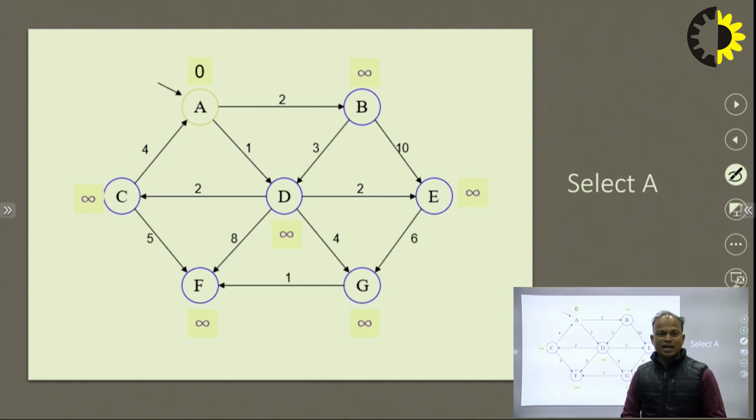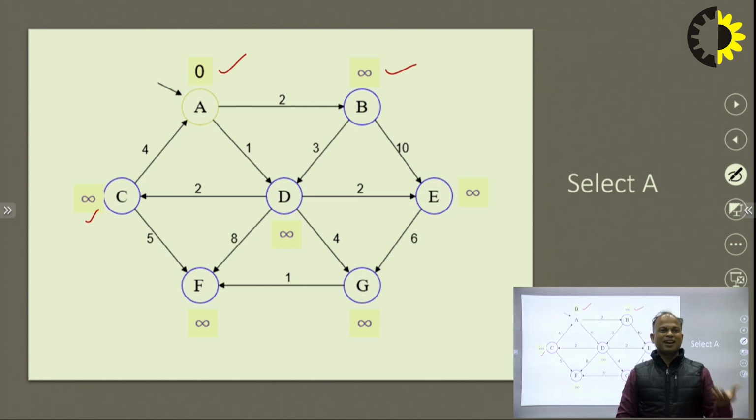Since we are starting with A, you may start with any vertex, but suppose the source is A, therefore we are starting with vertex A. So we have mentioned 0 here, and for the rest of the vertices the distance traveled is infinity.